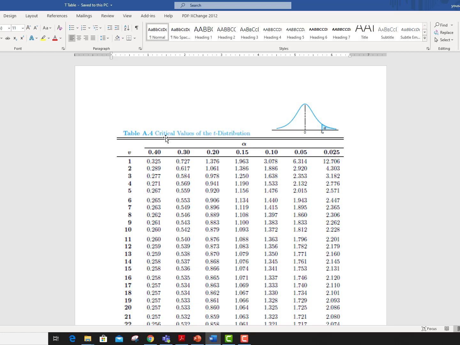This is our critical value table of the t distribution. It is also a symmetric distribution, just like the z distribution, and the mean lies at 0. Because our test is a two-tailed test, we are looking for the alpha by 2 value. You can see the first column, just like in the z table the first column shows the z value, in this one the first column shows the degree of freedom.